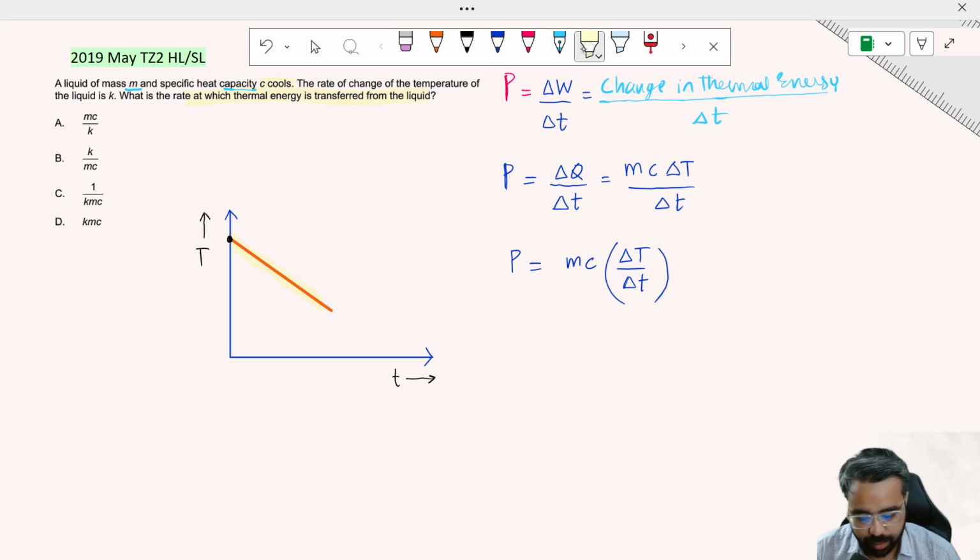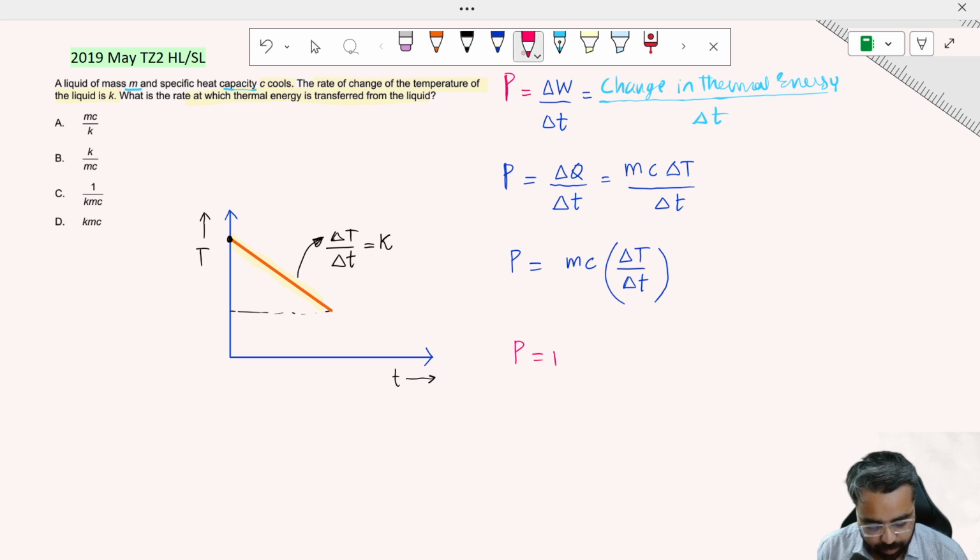And in this question, they say that the rate of change of temperature of the liquid is K. Which means that if you find the slope or gradient of this graph, that is a number K. So we can say that the power is equal to mcK.